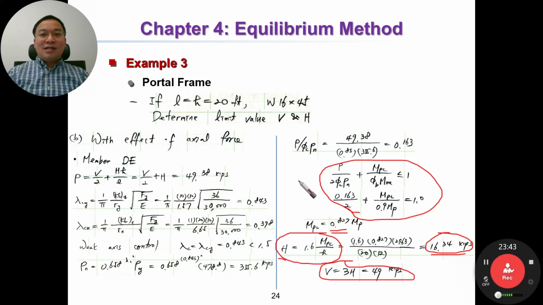Think about what is different and why it is different between this equation and the equation that we already mentioned in chapter 2 when considering the effect of shear force and axial force. It is different, but why? Please explain. Homework number 7.